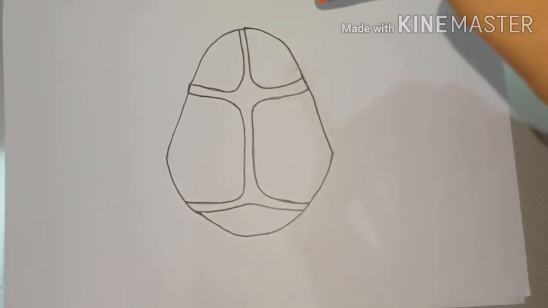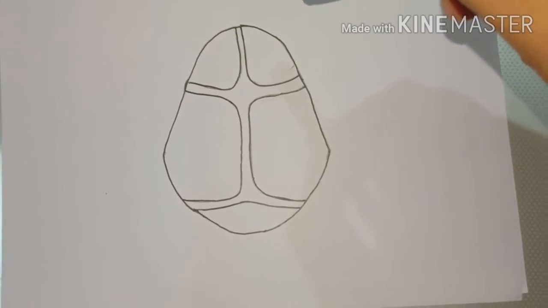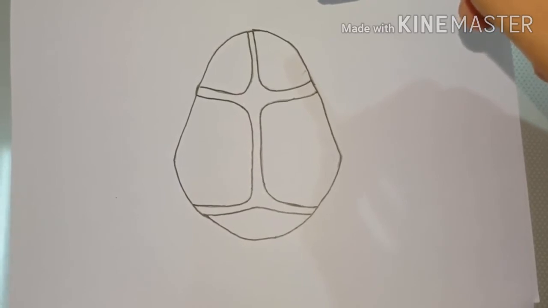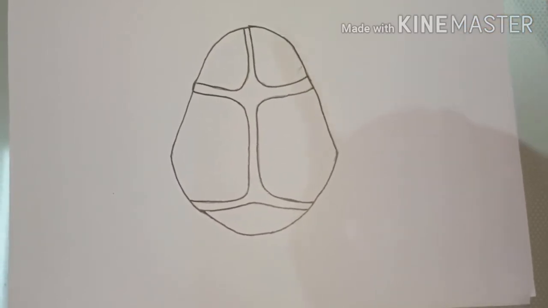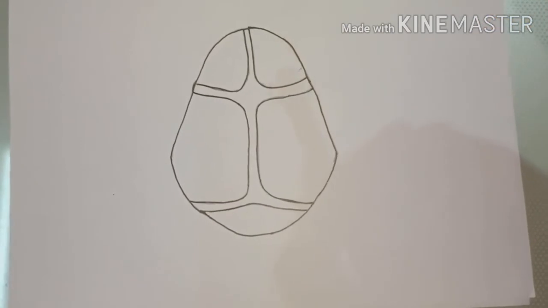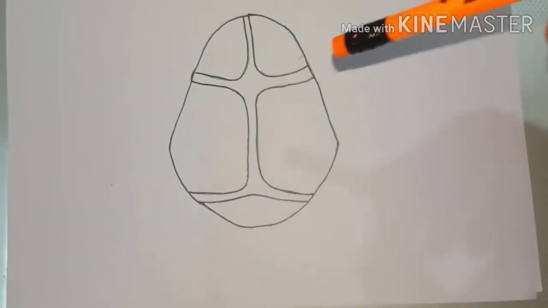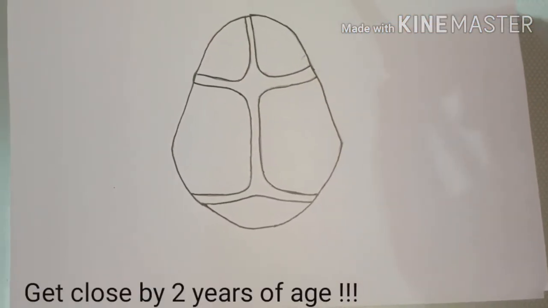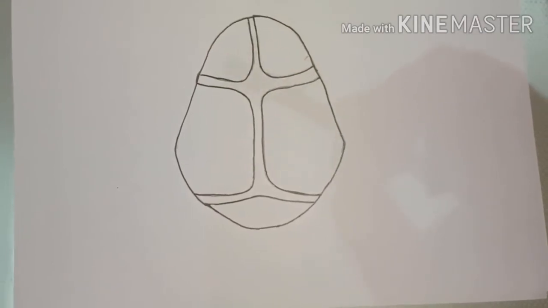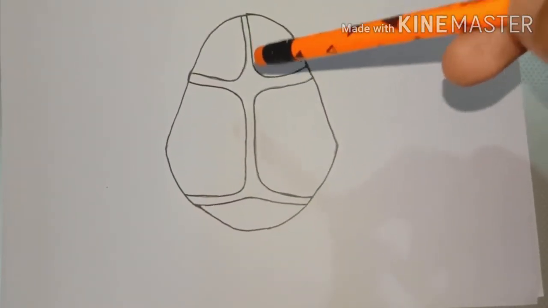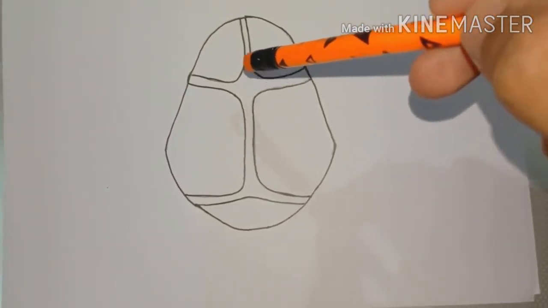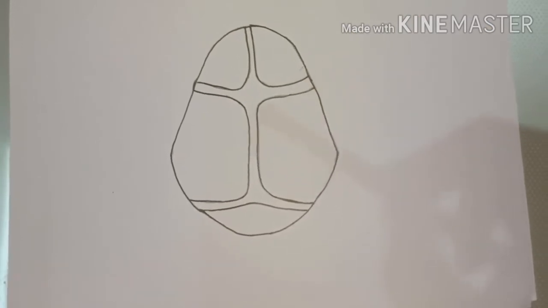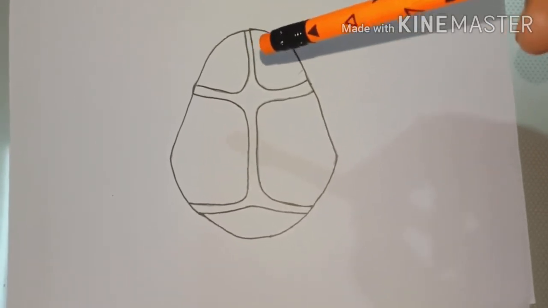You might ask, when does this fontanelle fuse or close? The anterior fontanelle closes by 2 years of age, so it takes 2 years to close. It is also considered the baby's soft spot.